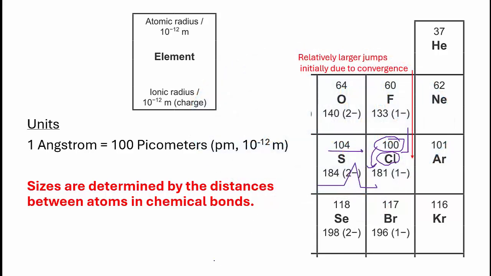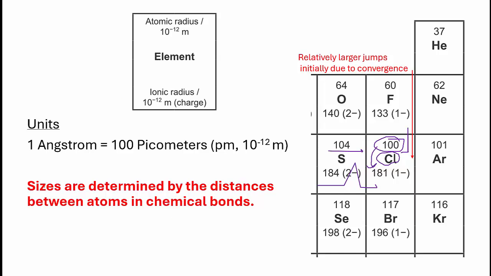What we're saying when we say ionic and atomic radiuses is we've just measured the distance between the two elements in a bond. That's what we're saying size is. So it's not really an ionic radius or atomic radius, it's just the distance between two in a bond, which is an issue.